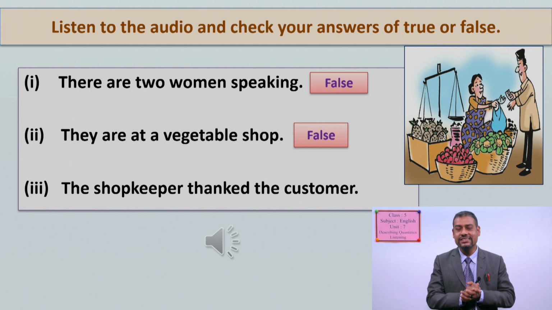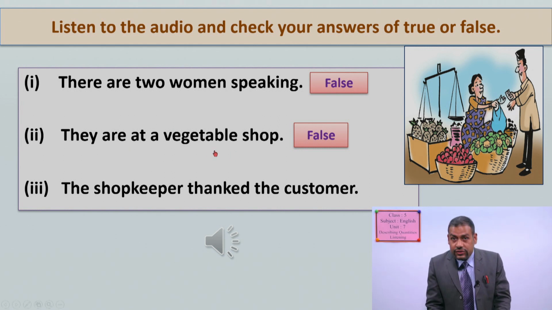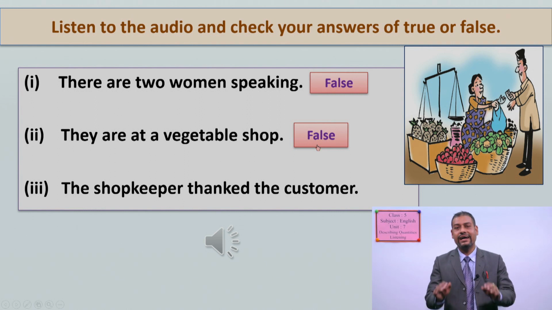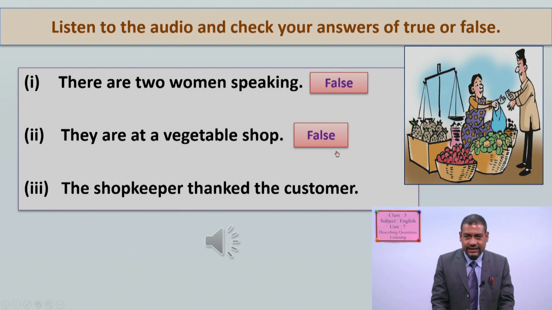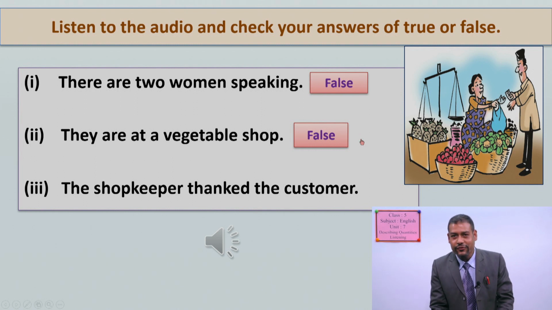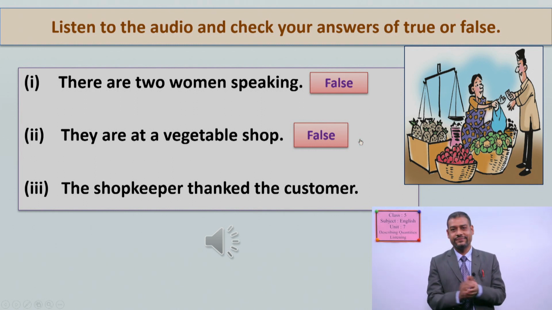The customer is buying fruits, and he is at a fruit shop, not a vegetable shop. Here it says vegetable, that's why it is false. But if it said fruits, then it would be true. So they are at a fruit shop. That's why this statement is false. Is it clear to you? Have you written down false? All of you? Very good.